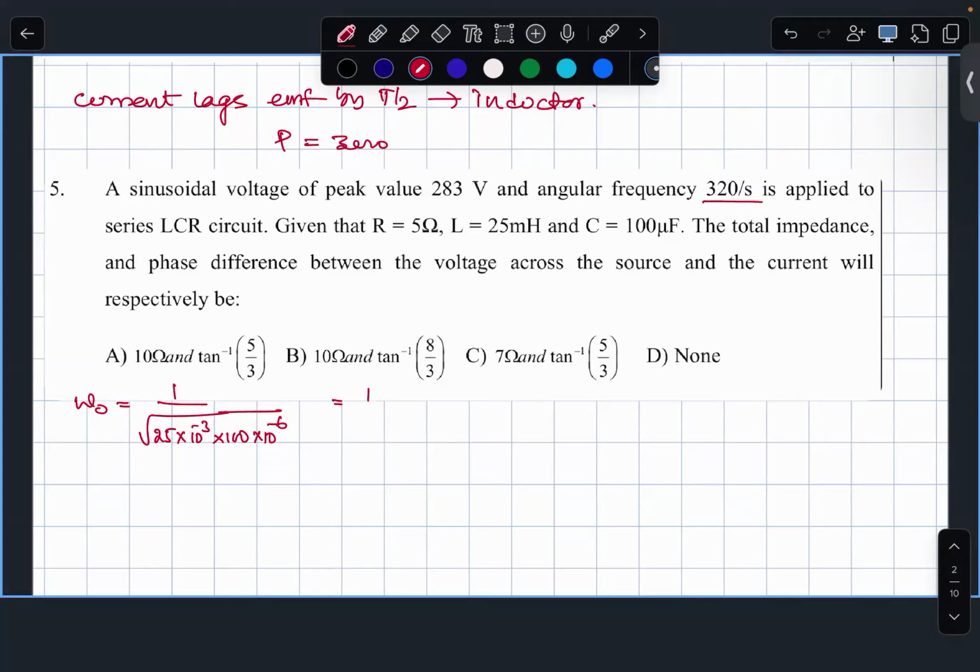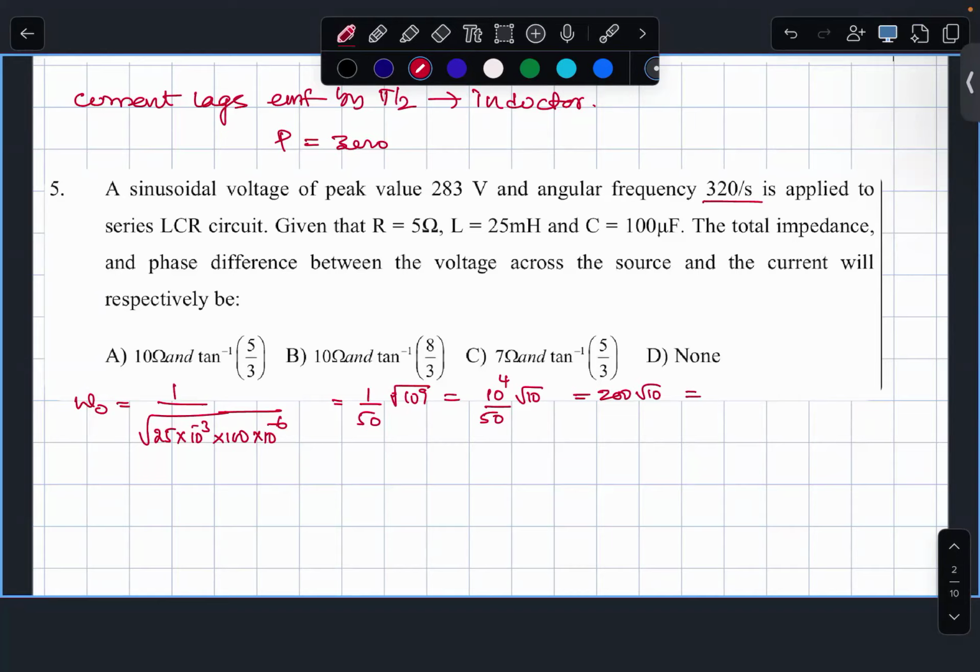This is 1 by 50 times root 10 power minus 9, that is 10 to the power of 9, 10 power 4 root 10 by 50. 200 root 10.